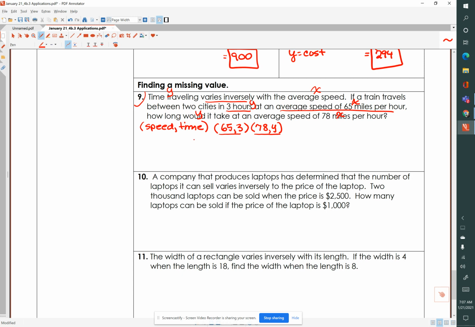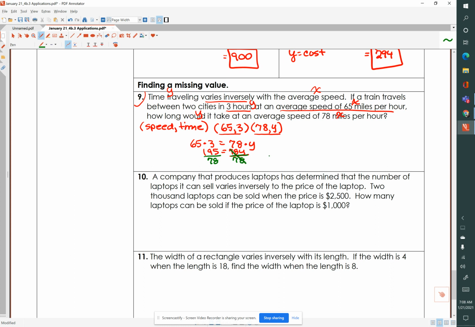So simply put, we will put 65 times 3 and set that equal to 78 times y. So 65 times 3 is 195 equals 78y. To solve for y, we'll divide both sides of this problem by 78.